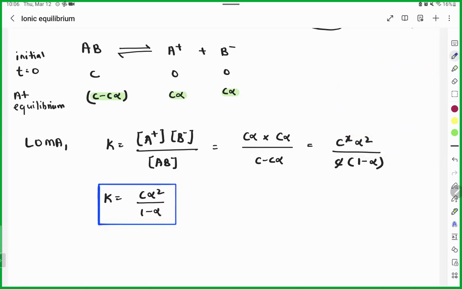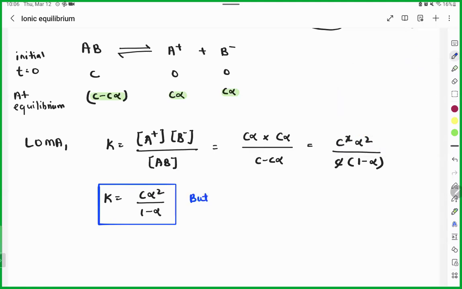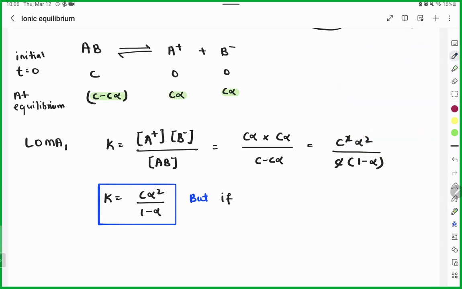Very popular. Extremely popular. This is the real formula, and the very first question is based on the equilibrium constant. But if alpha is very much less than one, like when dilution is less and breakdown is not proper, then you will see 1 minus alpha is approximately equal to 1.